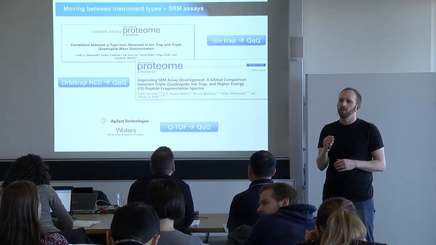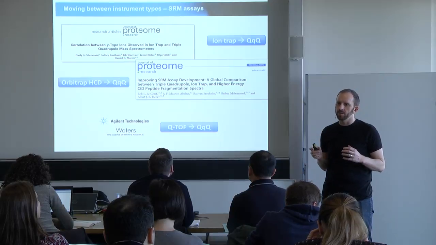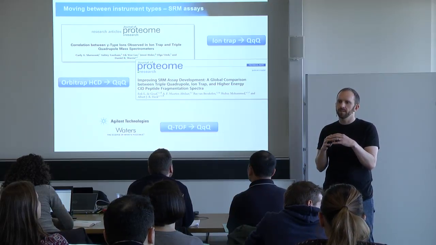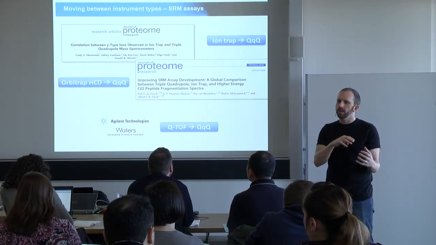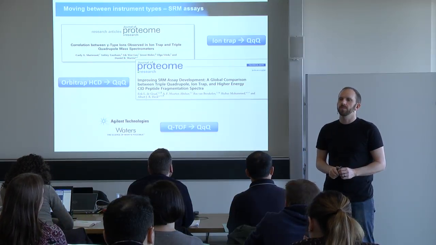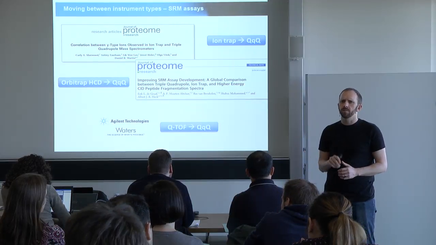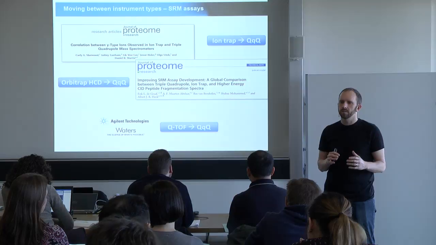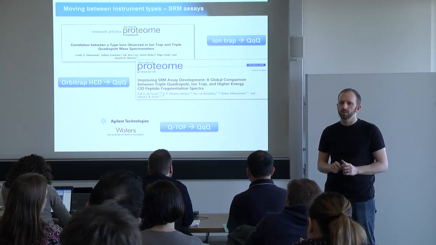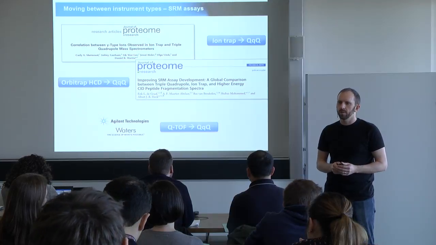There's a whole paper about this iProphet interprophet tool and the method it uses to sensibly combine this data, because just naively combining them together may not be the most efficient way to do this. But there are tools like iProphet, and there's also this commercial tool Scaffold which does a similar thing, and there are tools out there which do this. So I wouldn't just combine the lists. This is probably not the right way to do it.